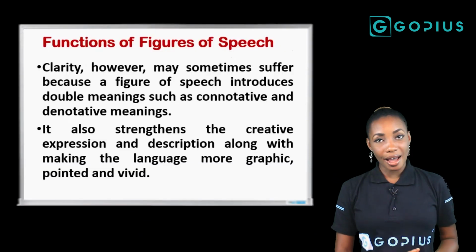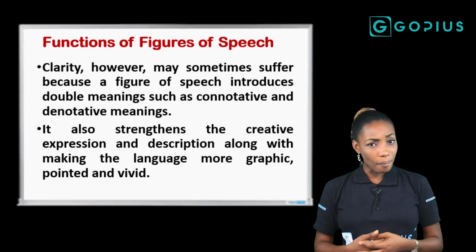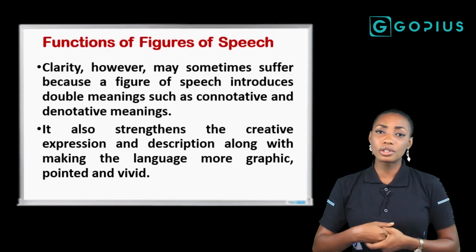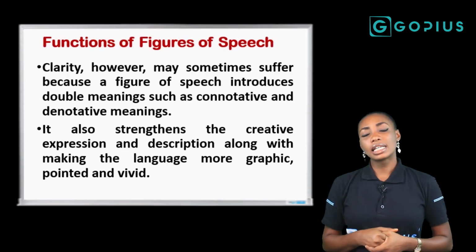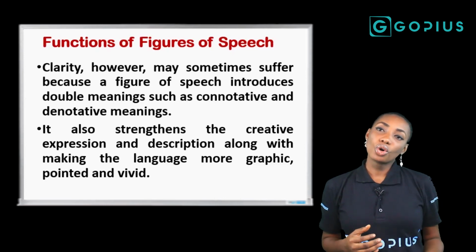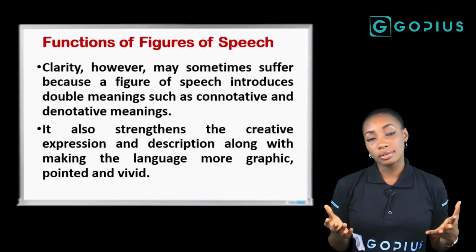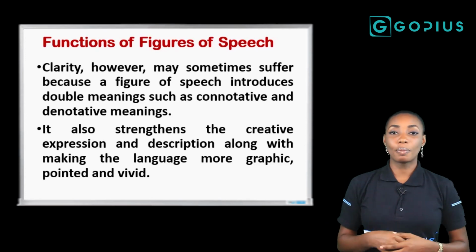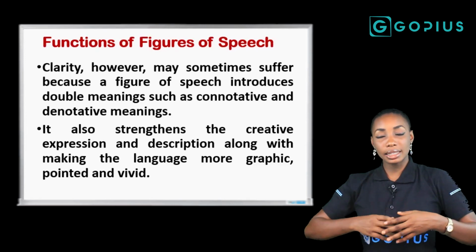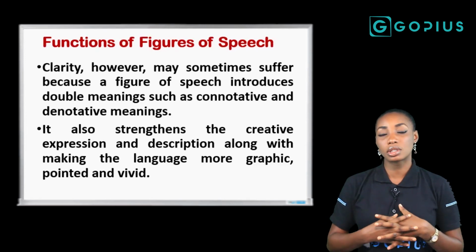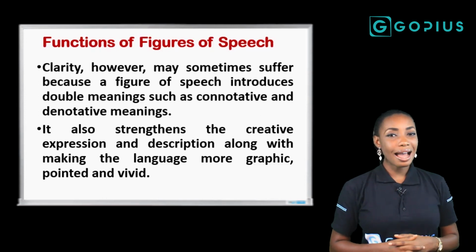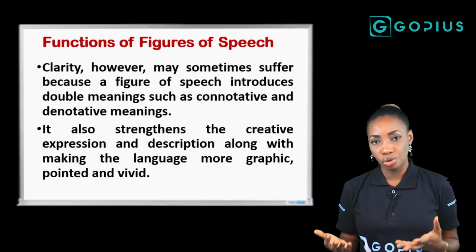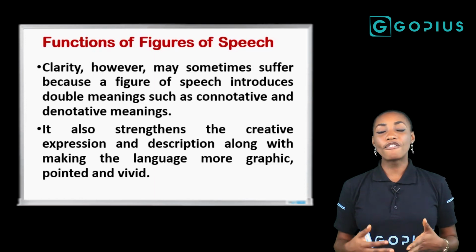Clarity, however, may sometimes suffer when using figures of speech, because the figures of speech being used introduce double meanings. When you are having a particular sentence or speech or something that's been written, you can have the connotative and also the denotative meaning of a word.